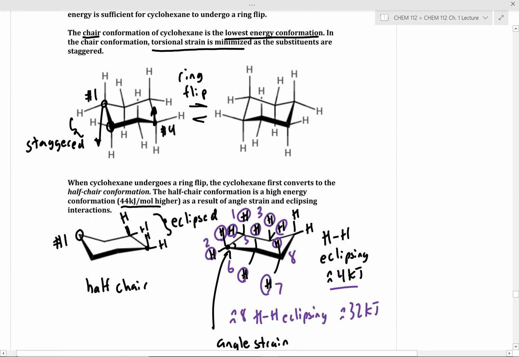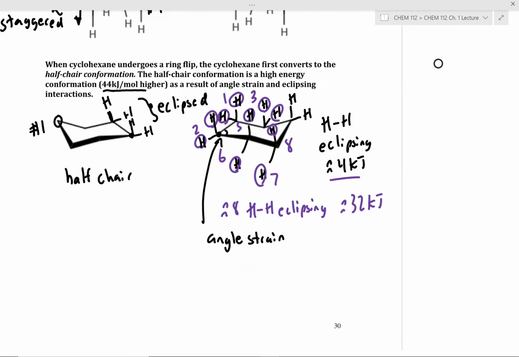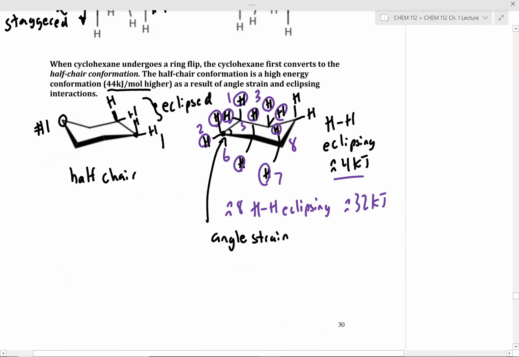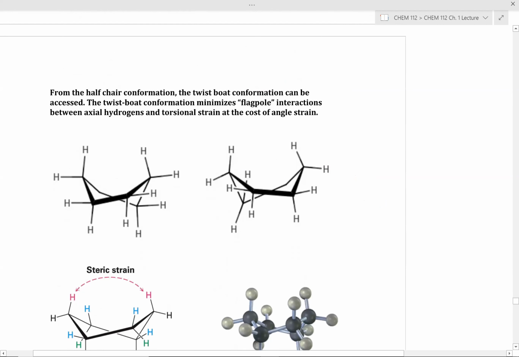So we've done the first step to generate our half-chair, where carbon number 4 was raised up. Now, in order to go from our half-chair to our twist boat, we are going to take carbon number 4 and further raise it up. So we're going to push carbon number 4 up, and as a result, we end up with the twist boat conformation.